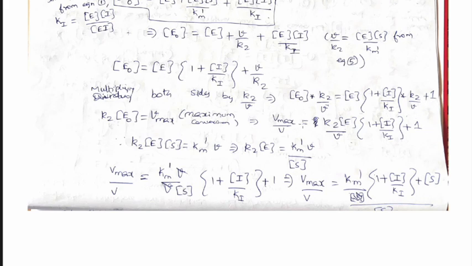So we get Vmax by V equal to K2 E by V into 1 plus I by Ki plus 1.